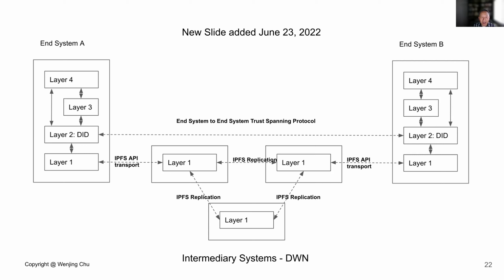I'm showing here three different systems, and they really don't need to know anything about the end systems. An end system can utilize their functionality, but does not have to have a reliability dependency on them for trust and trust relationships.